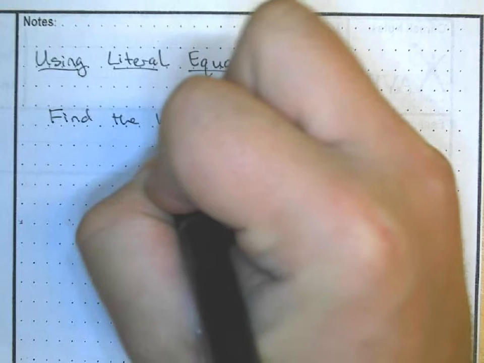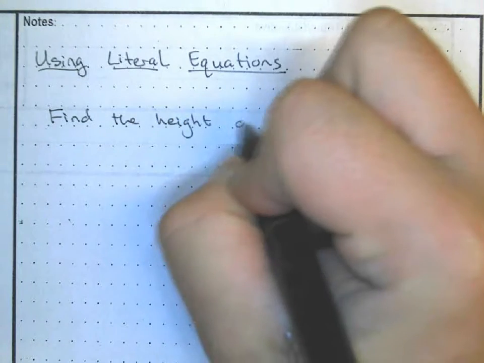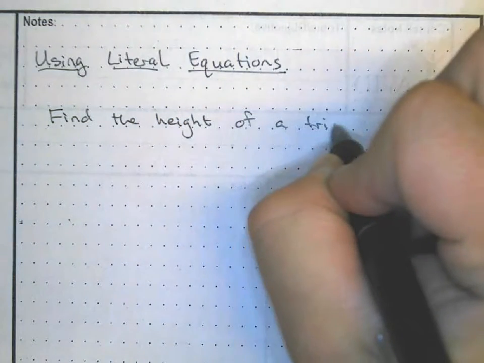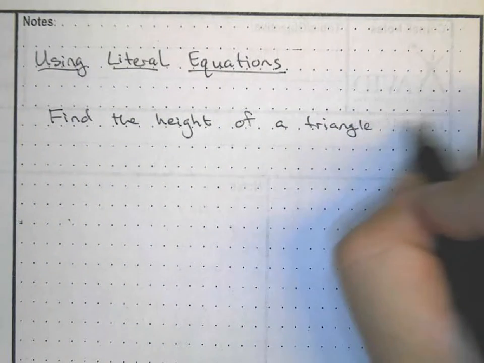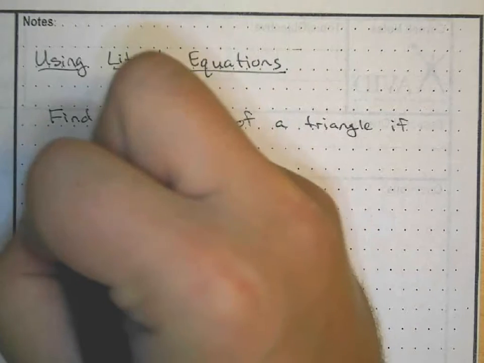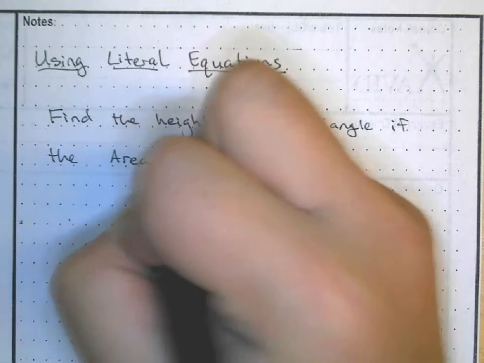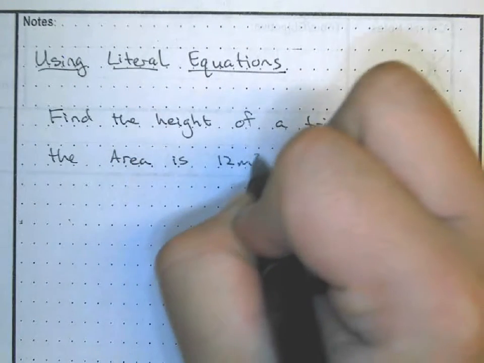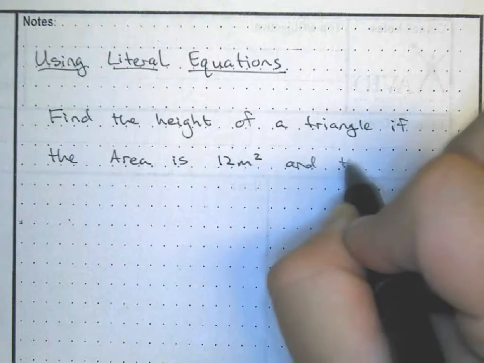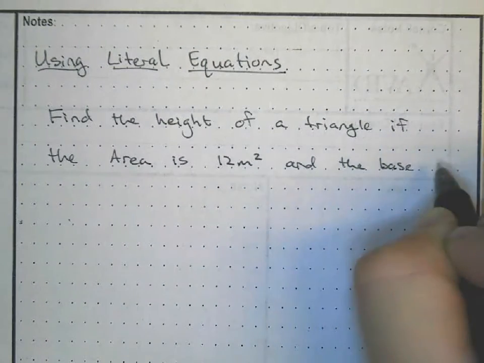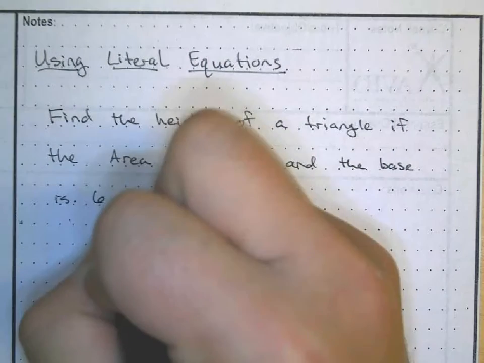find the height of a triangle if the area is 12 meters squared and the base is 6 meters.